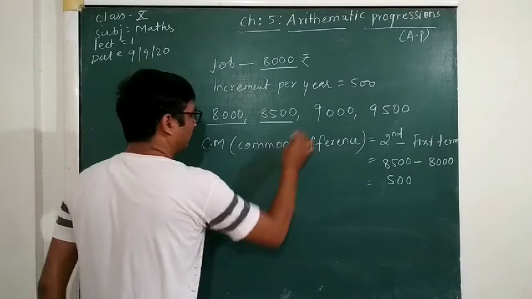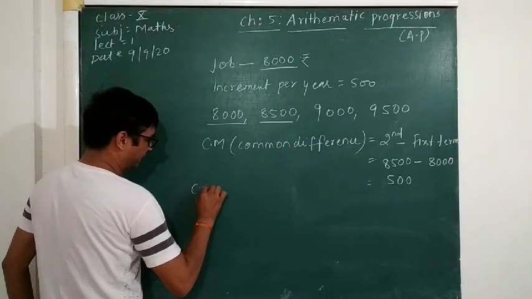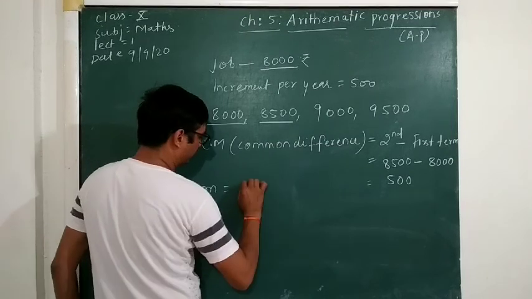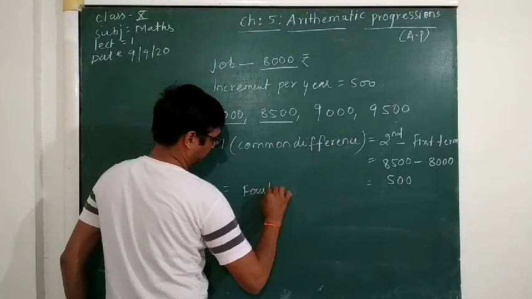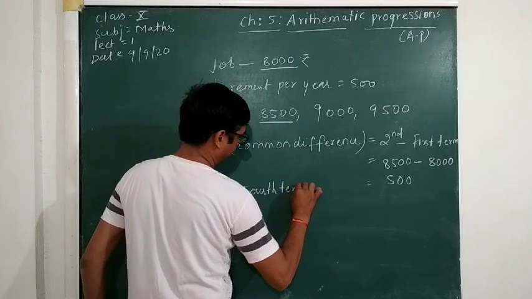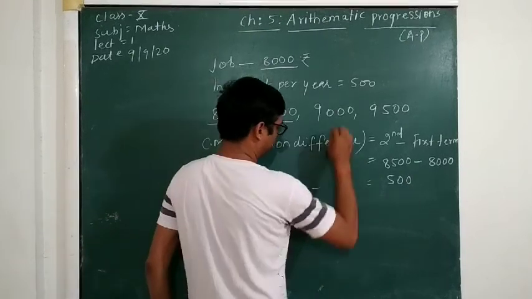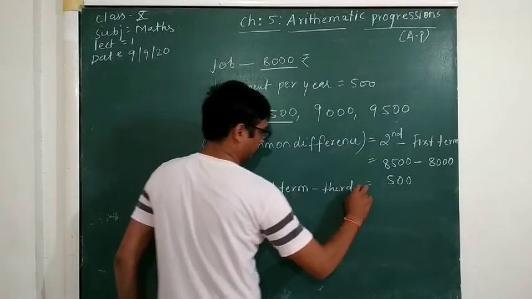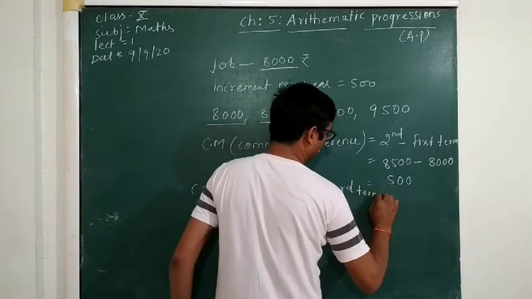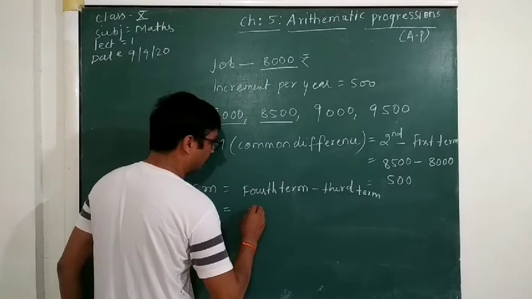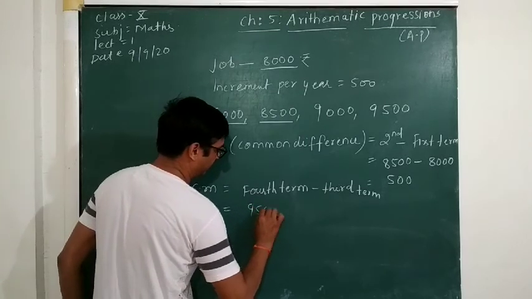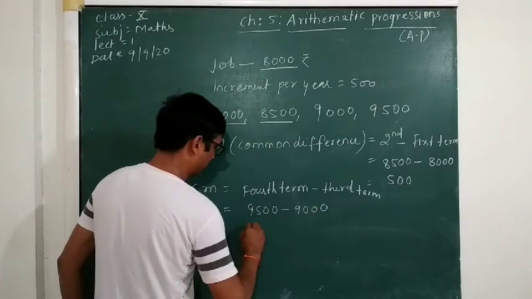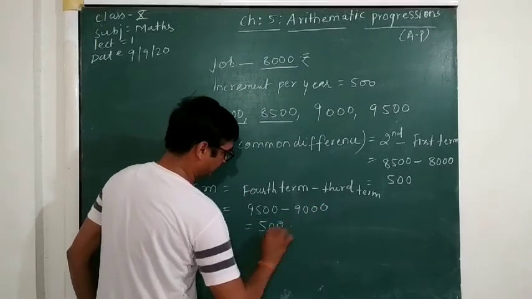If you take the common difference as the fourth term minus the third term, the fourth term is 9,500 minus 9,000, you will get 500 as the common difference.